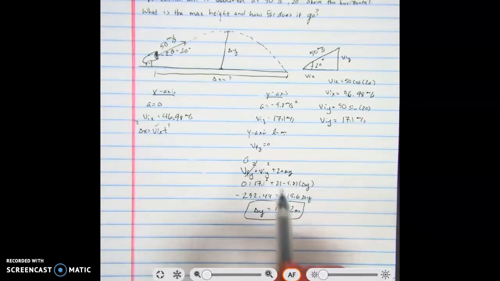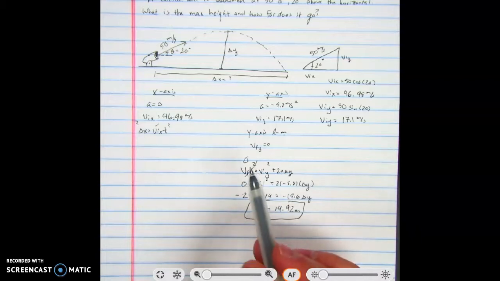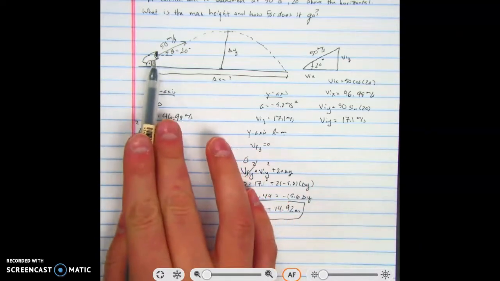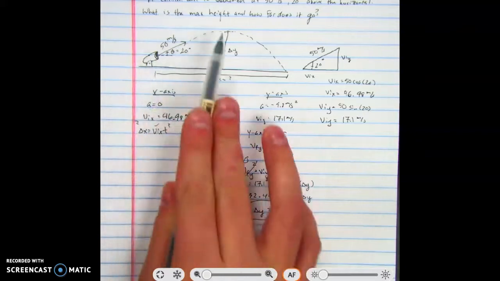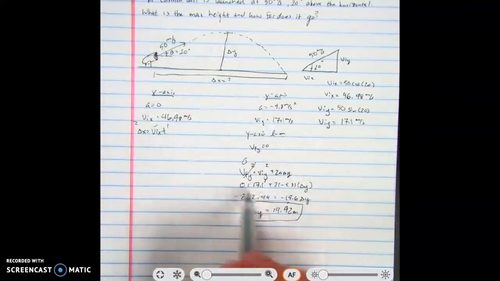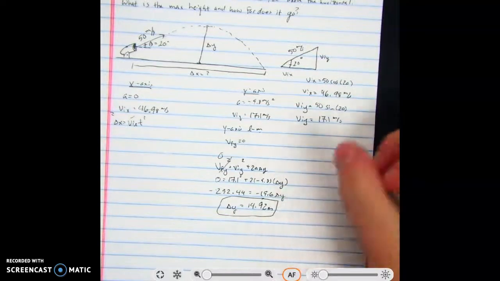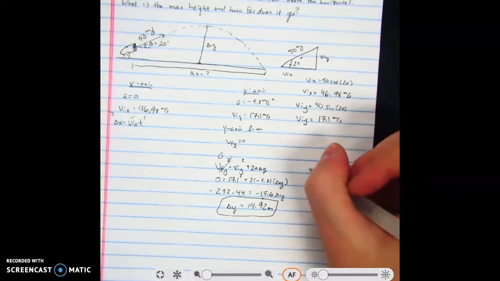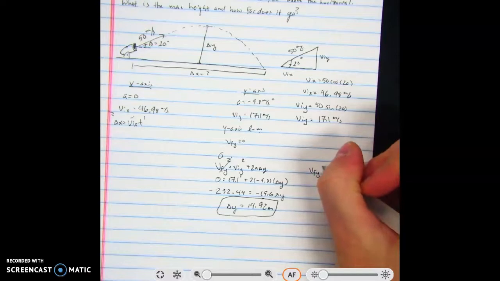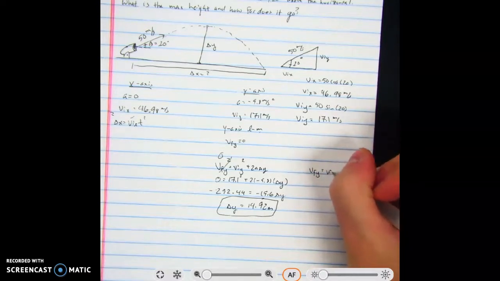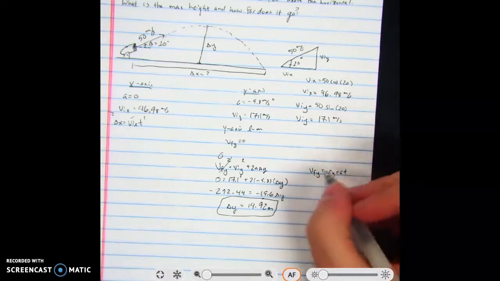Remember, because we're looking at these in halves, I can find the time it takes from launch to the highest point using this information. In fact, I don't have to use this delta y value. I can use the first equation, v final y equals v initial y plus at.